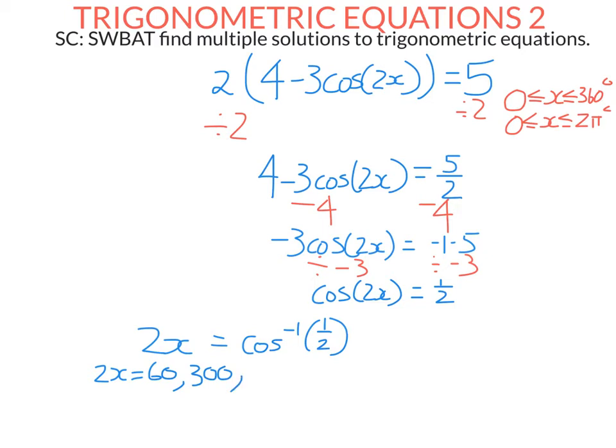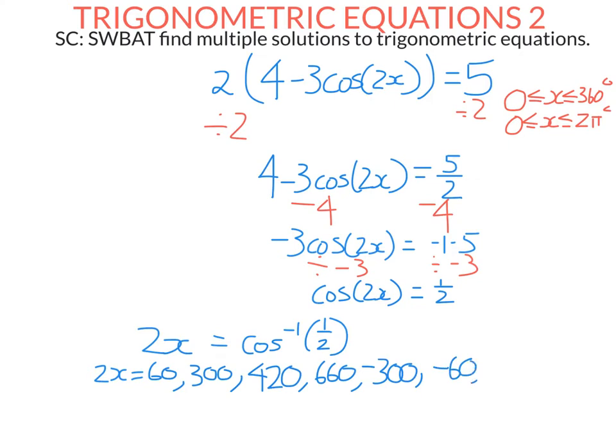We could add 360 to 60 and get 420. Similarly, we could take 300 and add 360 and we'd get 660. Of course, we could also subtract 360. If I subtracted 360 from 60, I'd get minus 300. And if I subtract 360 from 300, I would get minus 60.